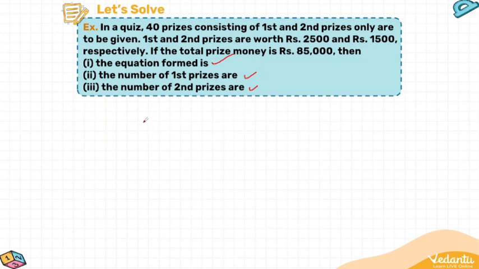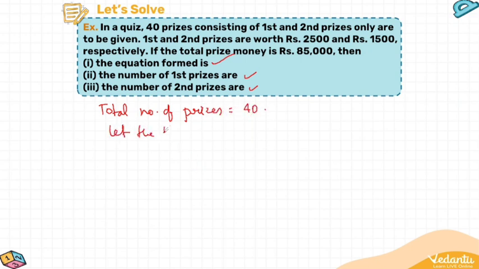Alright, chalo. I'm hoping that you have completed, and let's see how we can do. So here what we can see is total number of prizes is 40. Okay.